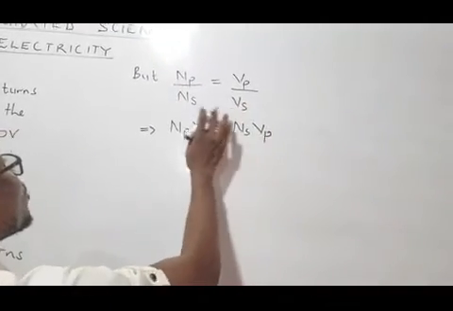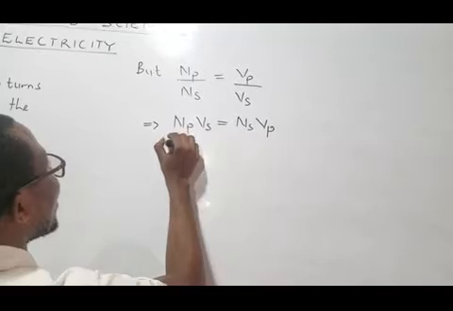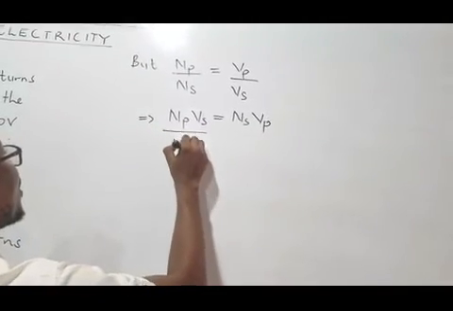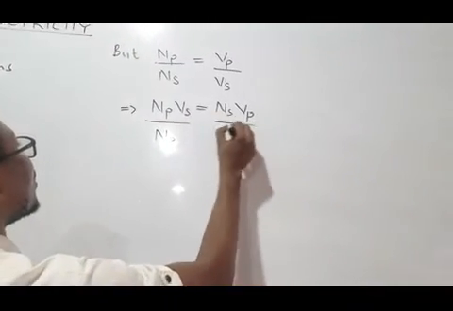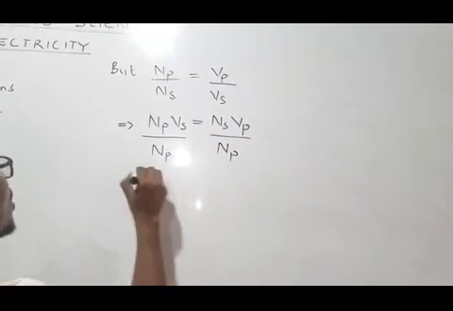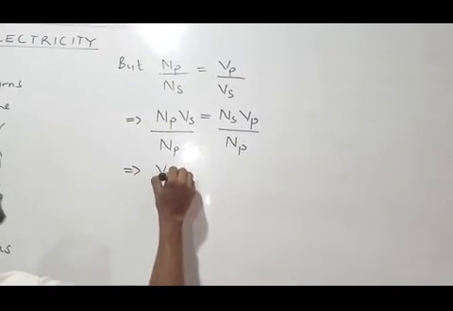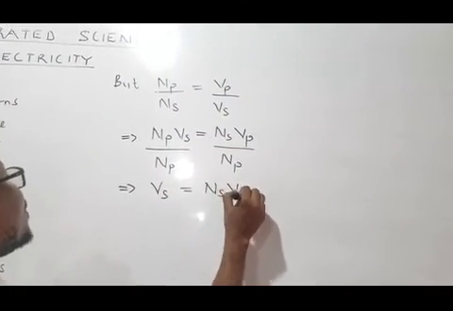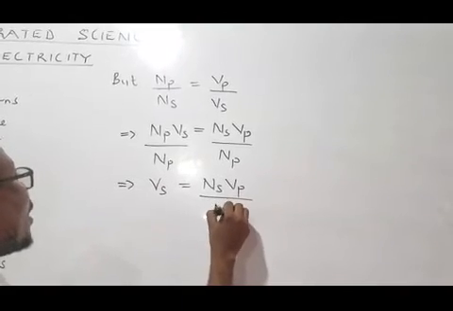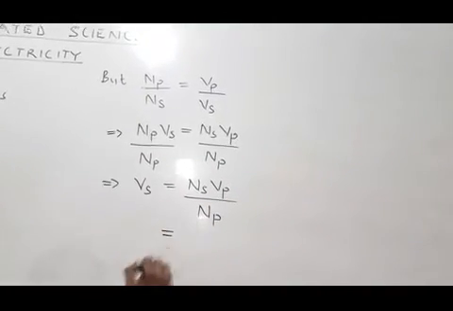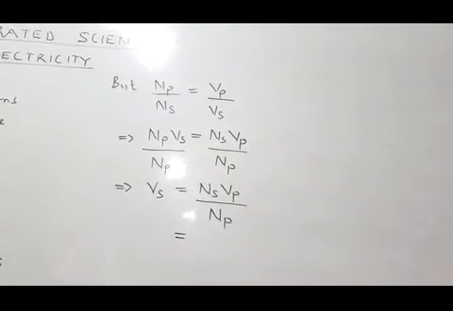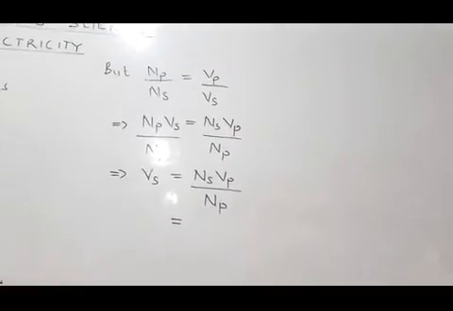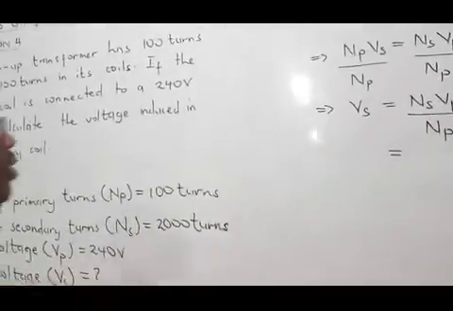So this times that should be equal to this times that. You are looking for VS, so you divide both sides by NP, so that our VS becomes NS VP over NP.